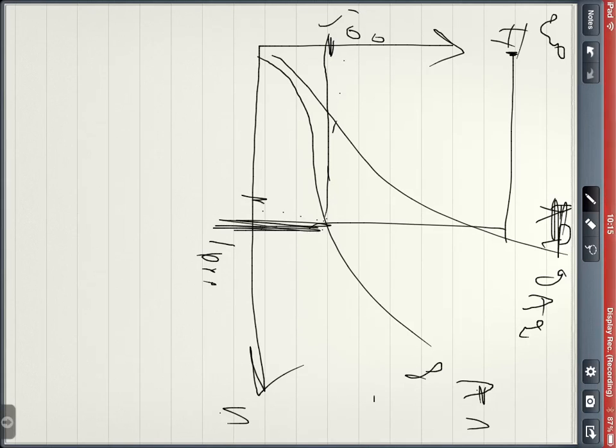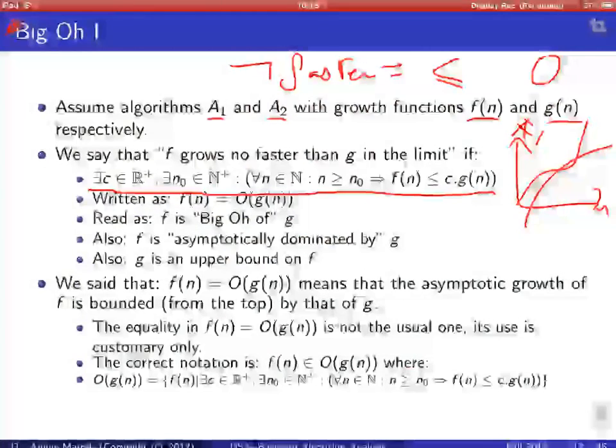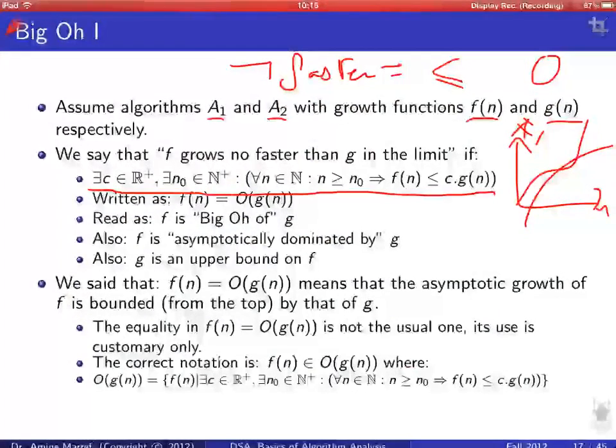Okay, so when we say f of n equals big O of g of n, actually what we mean is that f of n is just one function for which g of n is an upper bound. This is just a notation thing. In this course, in the exams, etc., we are going to use equal. But for your knowledge, equal here is not really the equal that we are used to. It's actually a member of. It's just a notational thing. Okay.